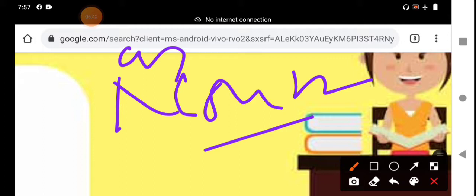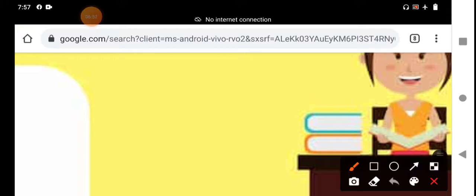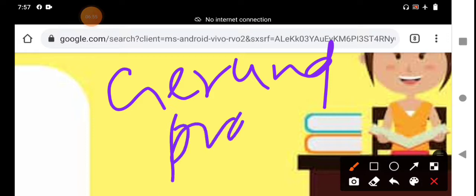In a sentence we have a gerund or a gerund phrase. Gerund is a single word. A gerund phrase is also there. A gerund phrase is a phrase consisting of a gerund and any modifiers or objects associated with it.